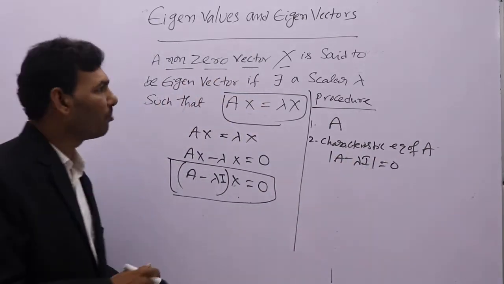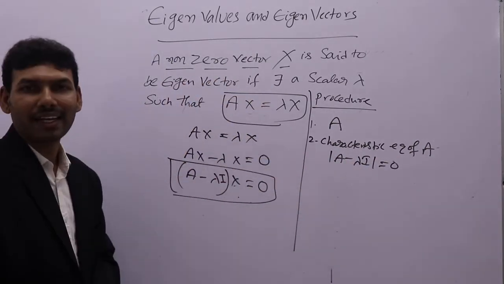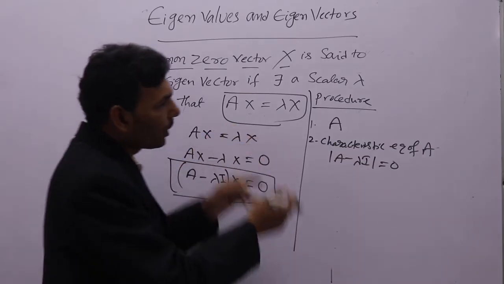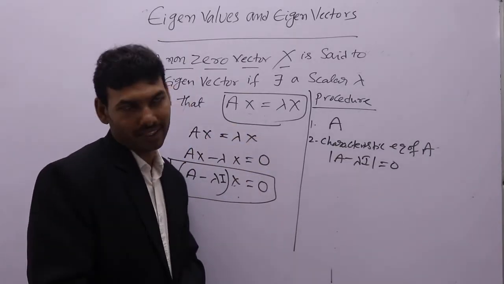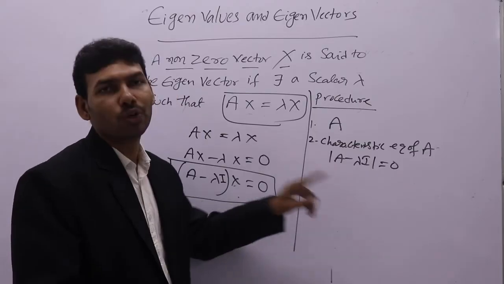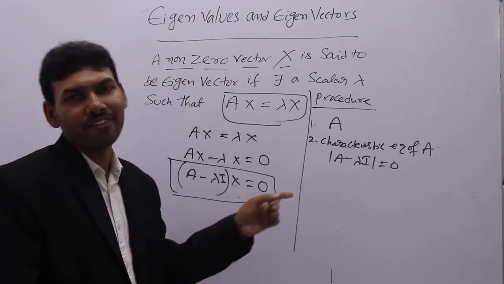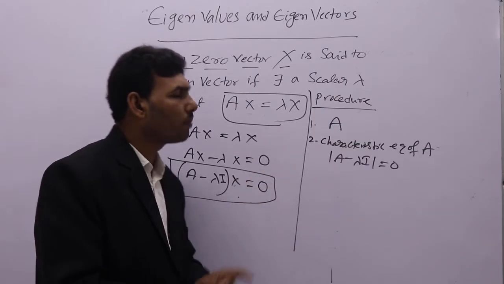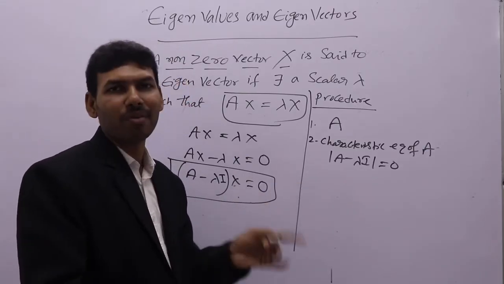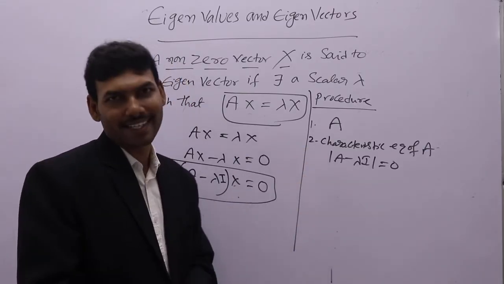This is very easy. Simply subtract lambda from the diagonal and find the determinant. That gives you an equation in lambda of third degree if A is 3 by 3. If A is 2 by 2, you get an equation of second degree. That is the characteristic equation.